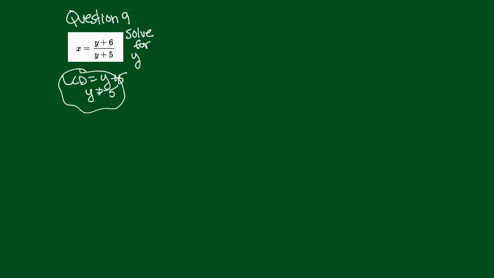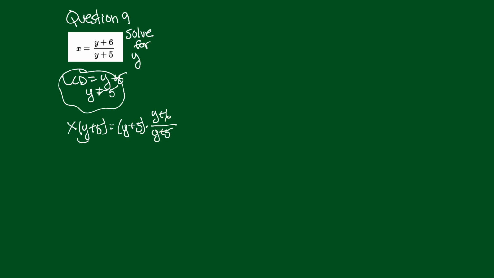So multiply both sides by that LCD. That amounts to just taking that LCD and putting it here and here. Just put it in front of all the originals, so we'll get this. I'll write it this way, x times y plus 5 equals y plus 5 dot y plus 6 over y plus 5.